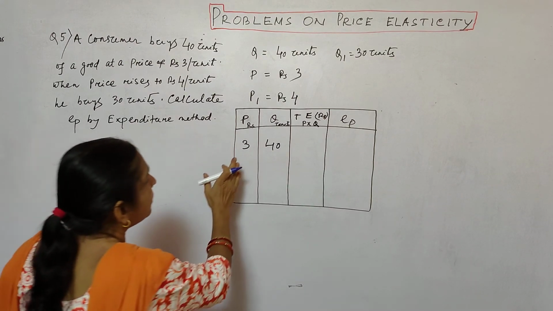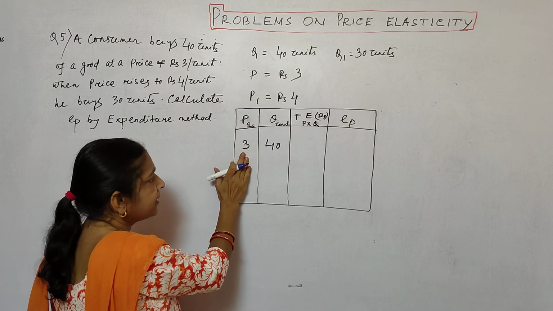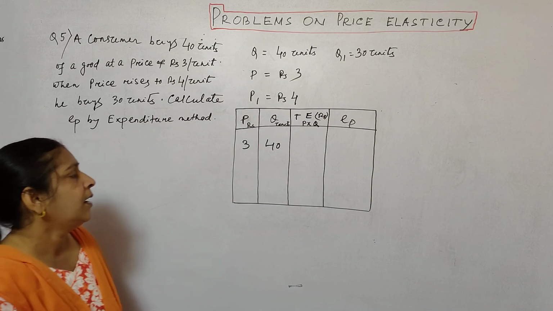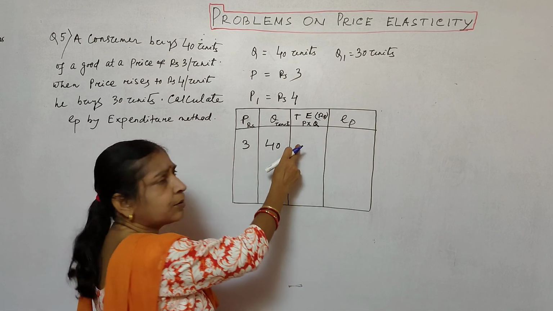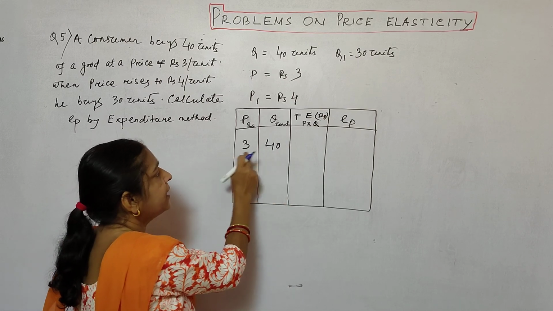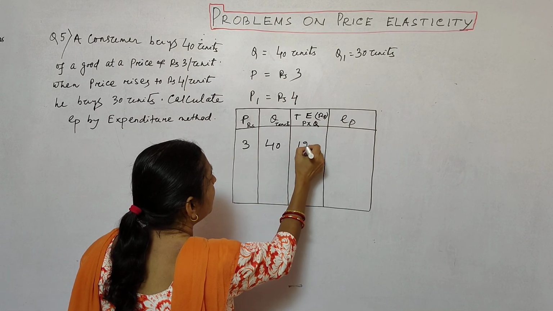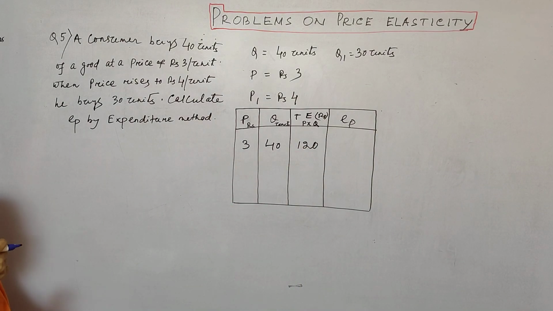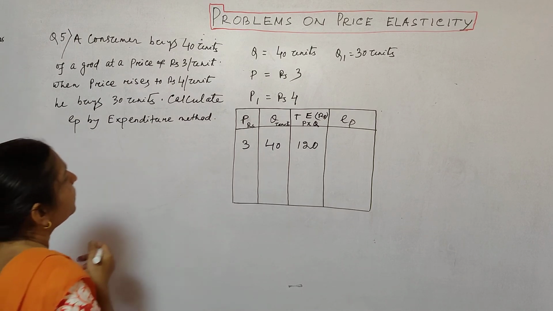This is our initial price, and at this price the consumer buys 40 units of the commodity. Now what will be the amount of total expenditure here? Price into quantity. Now 3 into 40 comes to 120 rupees. This is total expenditure. Now we see here the price rises to rupees 4.